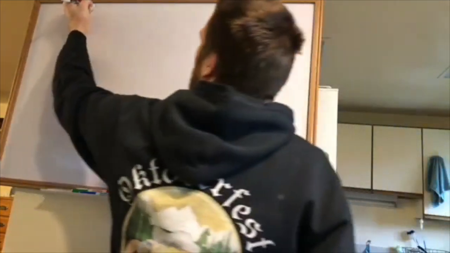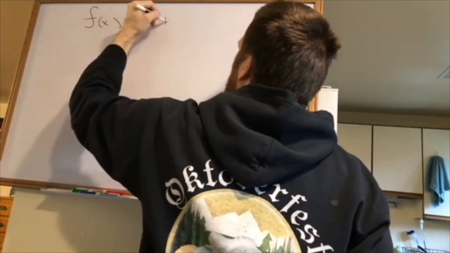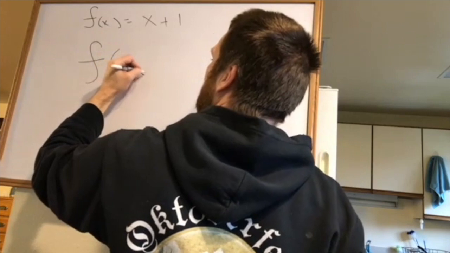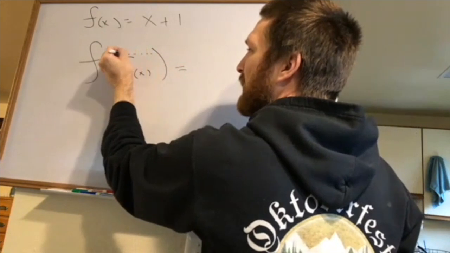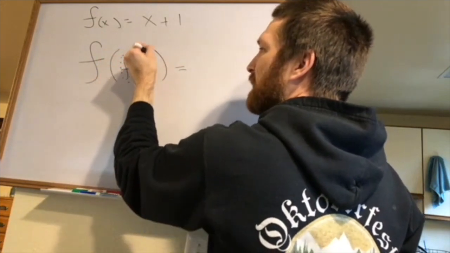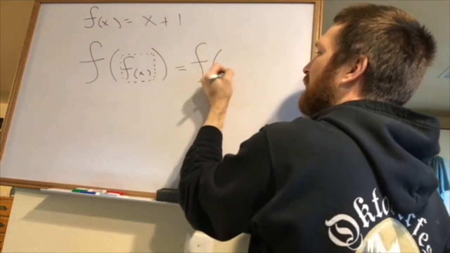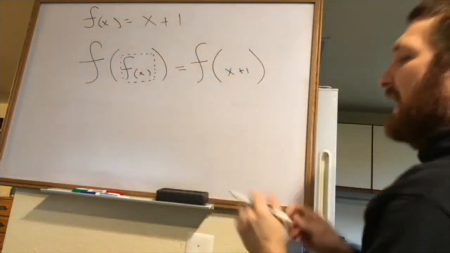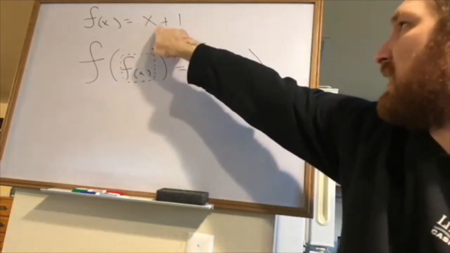But I just want to remind you here, if we had something like this, f of x is equal to, say, x plus 1. And I said to compute f of x, what we've talked about a bunch of times is we say, well, this right here means the same thing as this right here. So this is the same thing as f of x plus 1. From there, I could say, oh, wait a minute. F of anything just says take that thing and add 1.